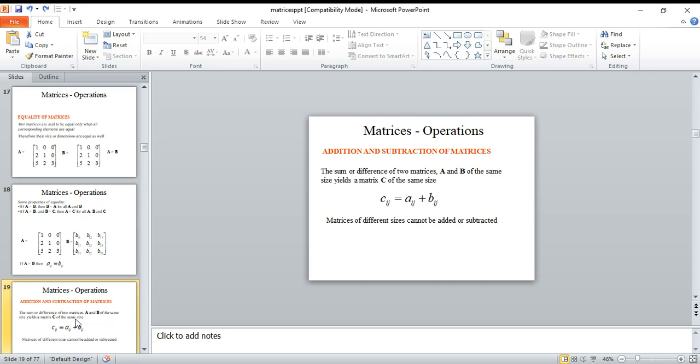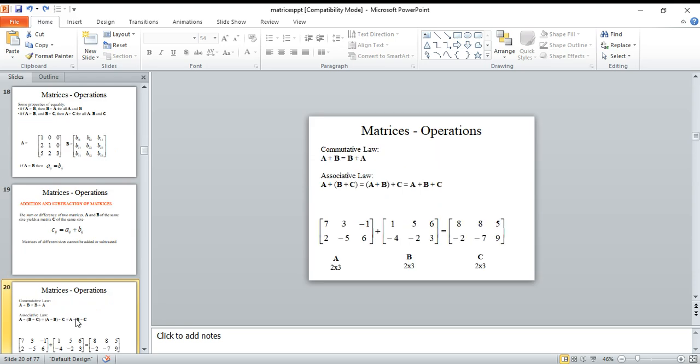If you want to add matrices, they must have the same size.